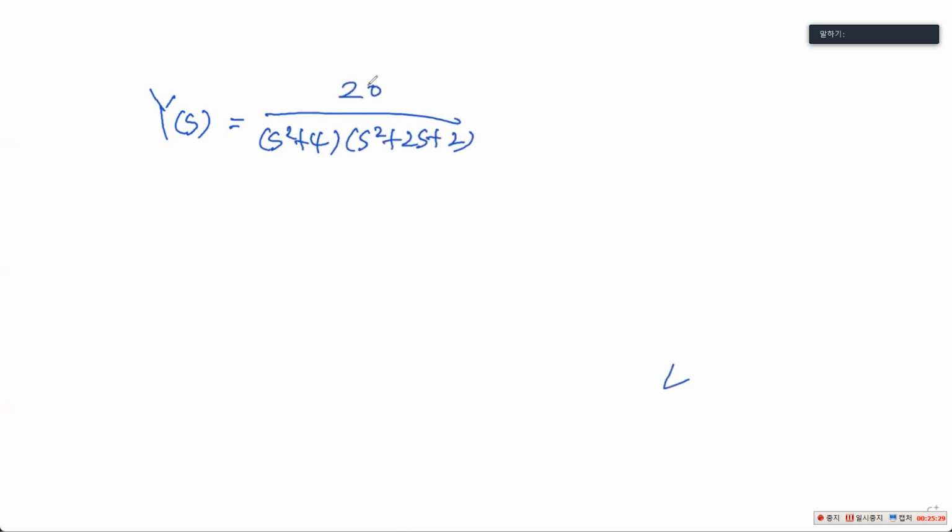Okay. Then maybe we can have one more exercise. Like for those cases, it gives Y1(s) plus Y2(s).